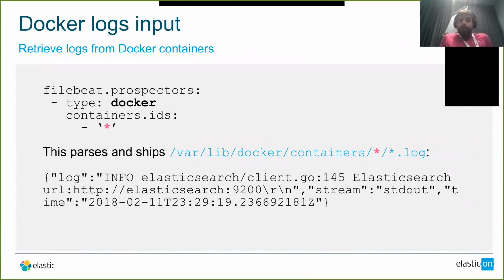So we created a Docker prospector, or now input as we renamed it, that is able to understand that format and parse everything and do it automatically and transparently for you. So you don't need to care about that format or JSON and so on. It does things like taking that log, which is the message, and extracting the timestamp and putting it in the events. So you don't need to do these things.